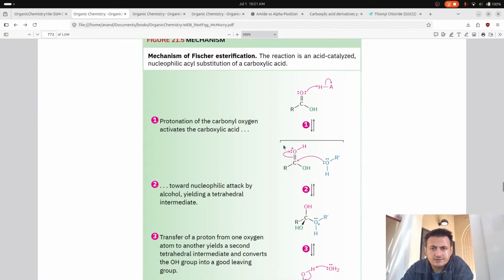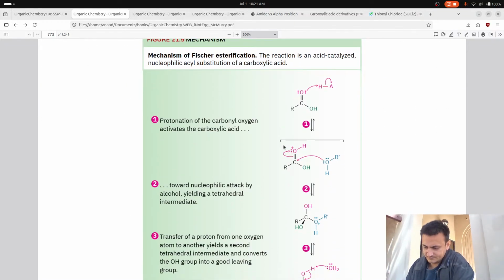Alright, let's go through this. Okay, so the first thing that happens is this carbonyl takes a proton, and we get, okay, now we've freed up this carbonyl so that ROH can come in with its oxygen and attack the carbonyl carbon and push a lone pair onto the newly protonated carbonyl.